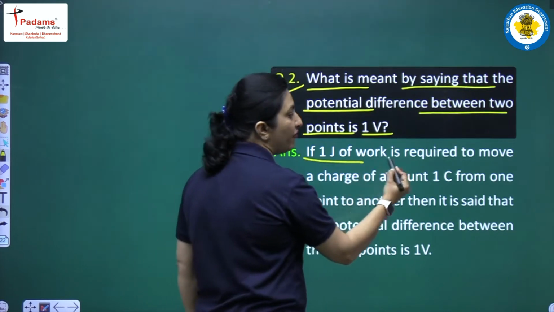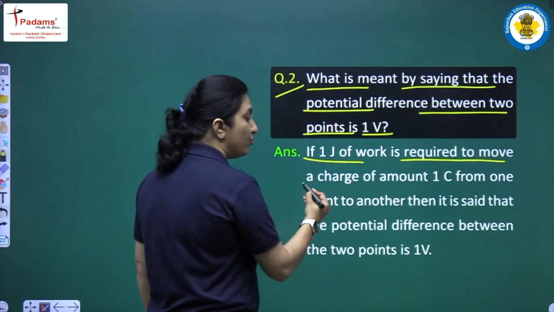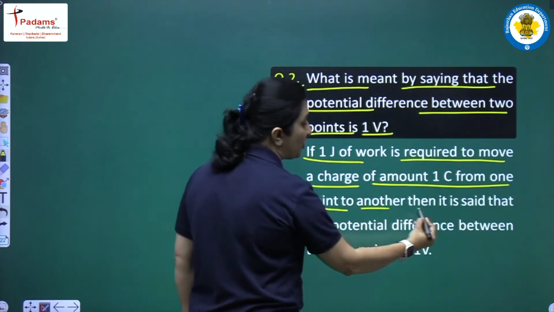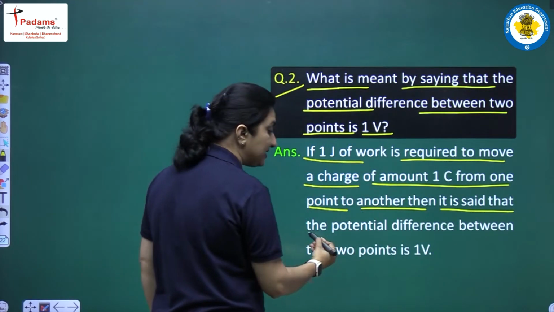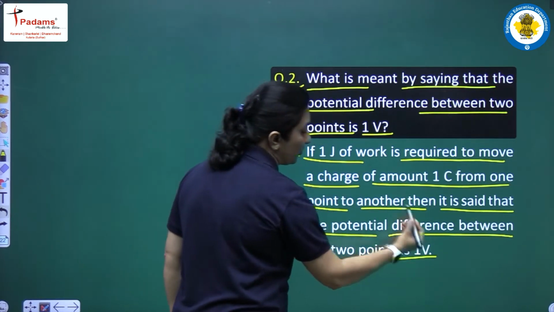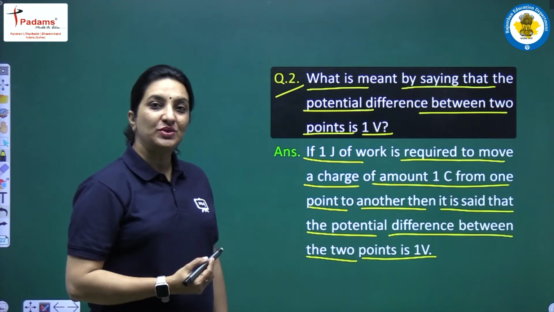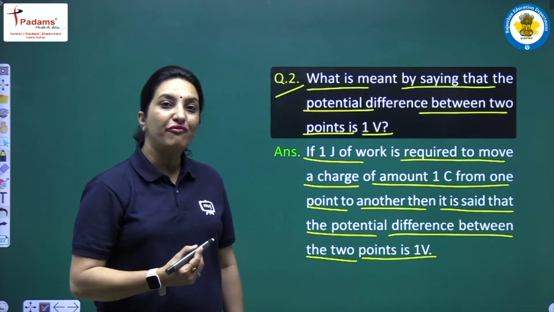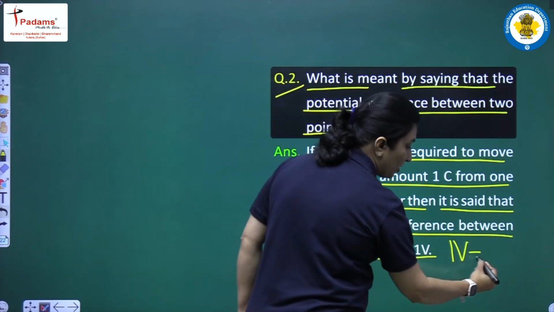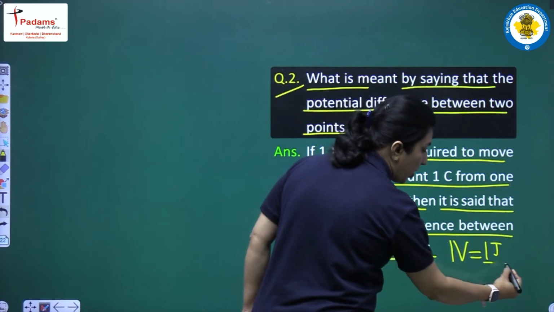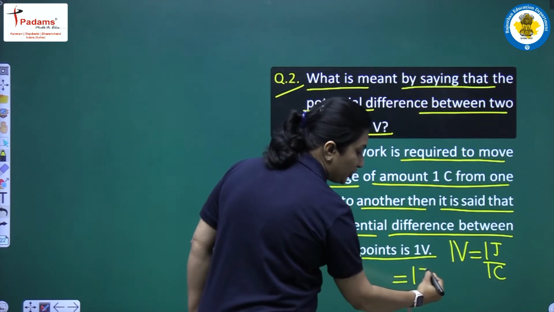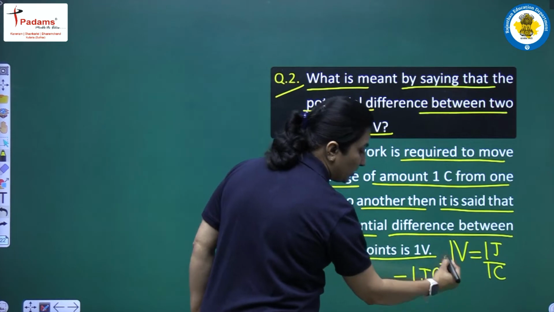If 1 joule of work is required to move a charge of amount 1 coulomb from one point to another, then it is said that the potential difference between the 2 points is 1 volt. So here students, we gave the definition of 1 volt. So 1 volt is 1 joule upon 1 coulomb. So we can write it as 1 joule per coulomb also.